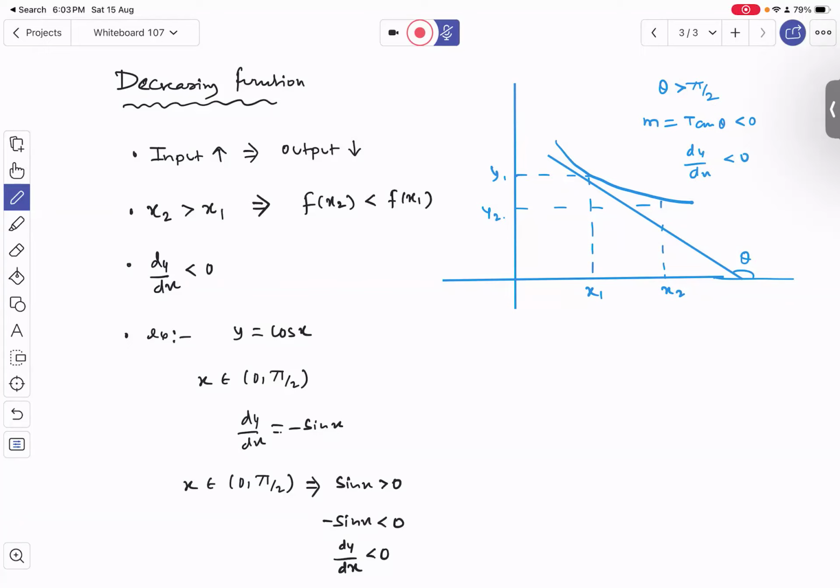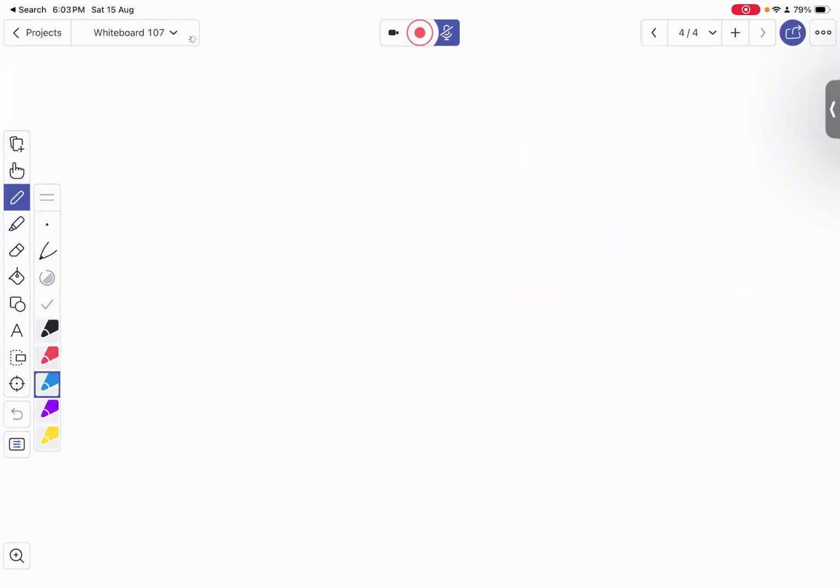Next thing is something that is called maxima minima. Maxima means a point where a function attains a maximum value, and it is not compulsory for every function to attain a maximum value.